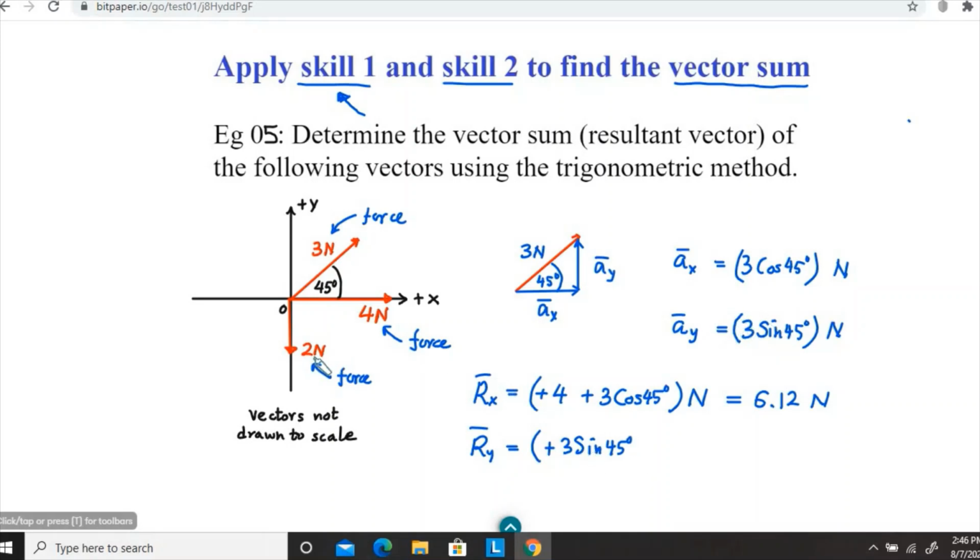And then the 2 Newton vector, you can see it's pointing in the reverse direction, so I need to put a negative sign, minus 2, because it's pointing in the negative y direction. Then put newtons to represent the units, and when you simplify this, you should get 0.12 newtons. Again, it tells you the sum of all the vectors in the y direction is positive, which means it points in the positive y direction.